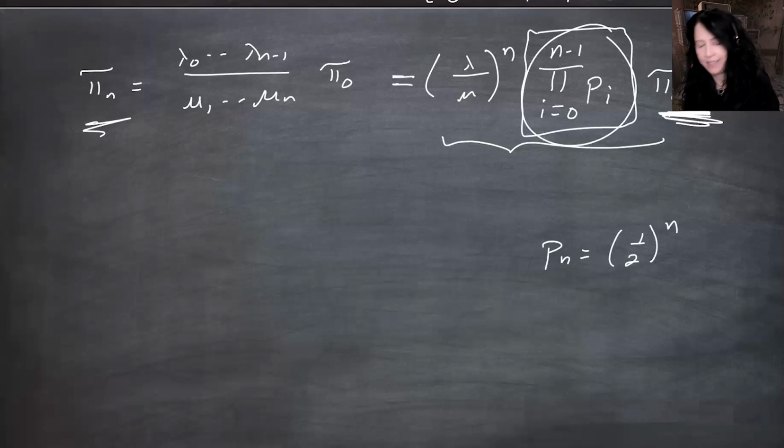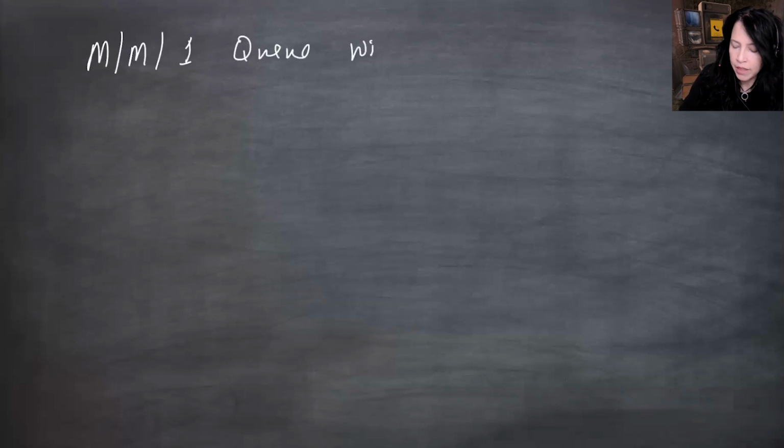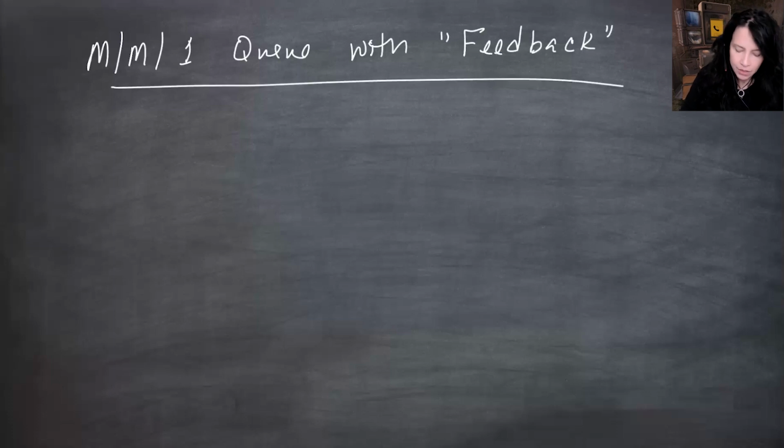All right, let's do something that we can handle. And that is, I'm not going to call this 4, but it's sort of in here. It's not balking, but it is the M/M/1 queue with feedback. So in this case, people get through their service and they might have to get back in line. So we have some Poisson process with rate lambda.